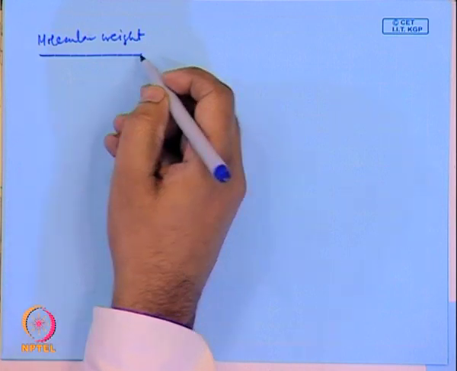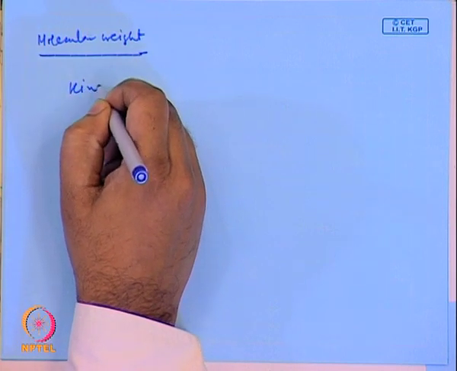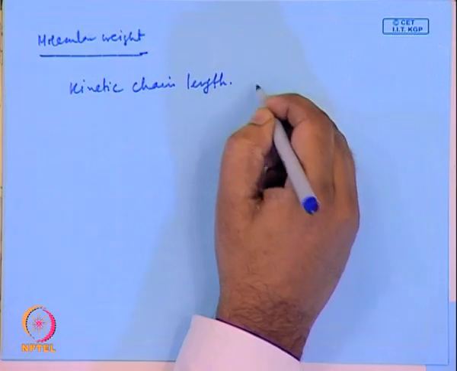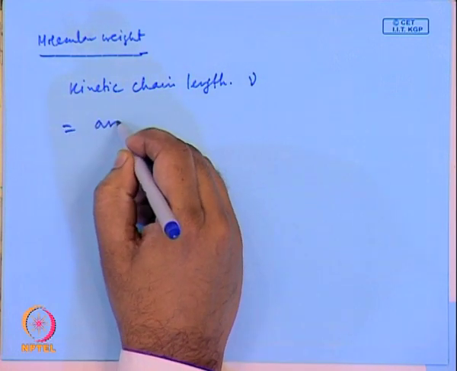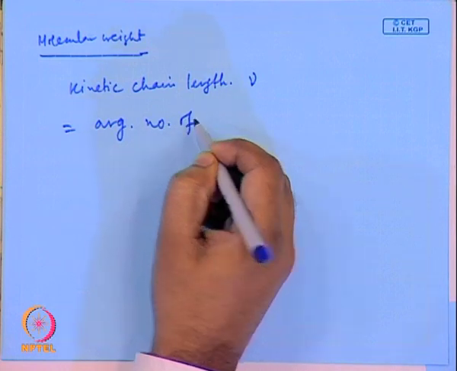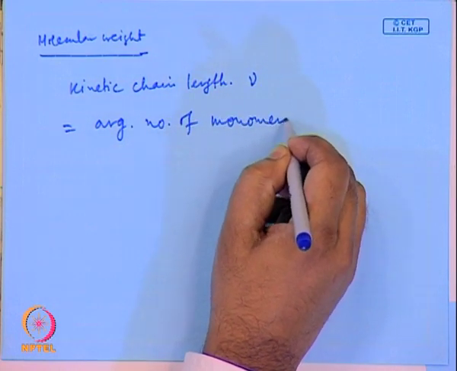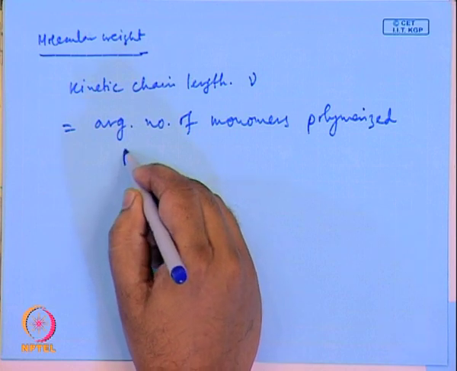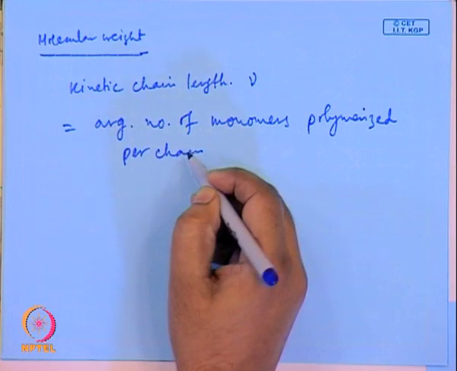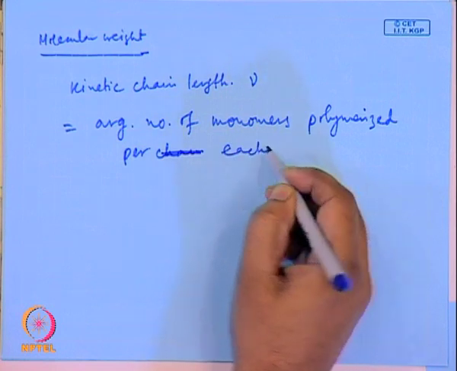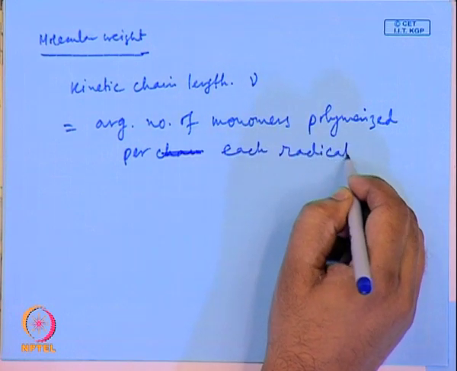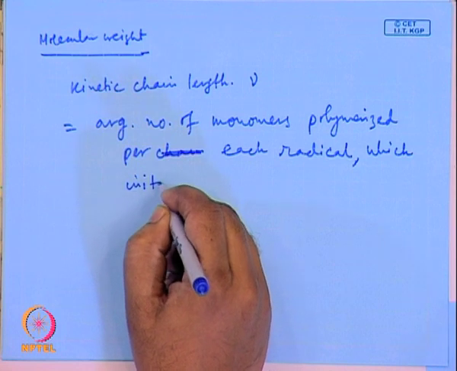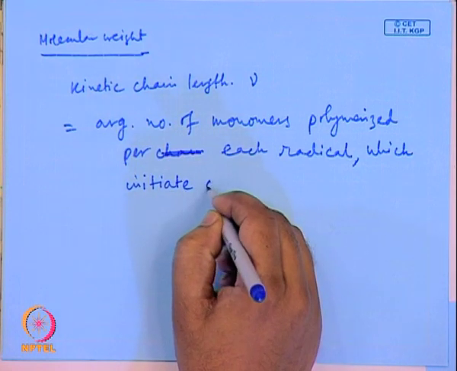Before we come back to the discussion on molecular weight, we will define a term, kinetic chain length, nu, which is the average number of monomers polymerized per each radical which initiates a polymer chain.